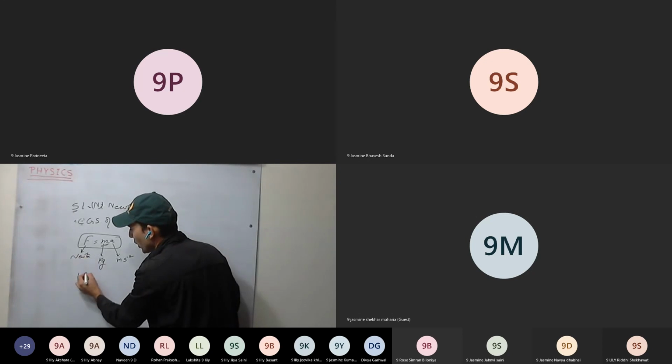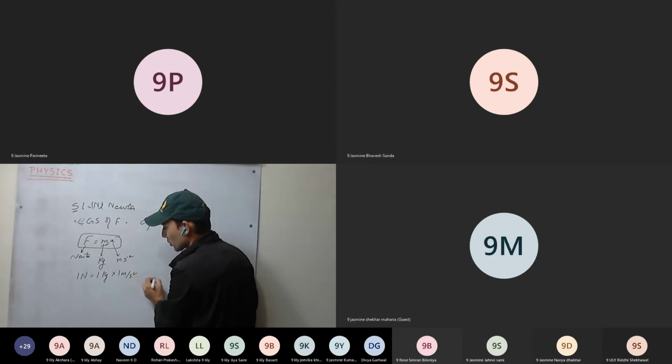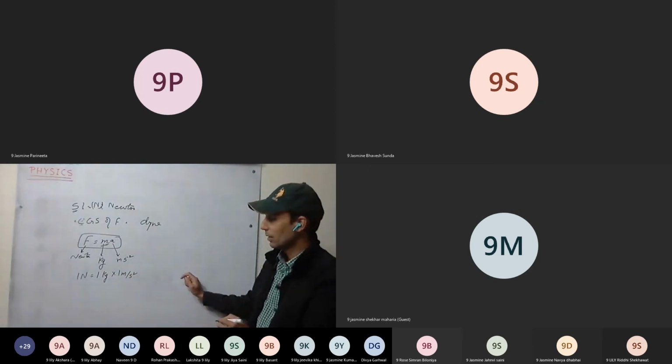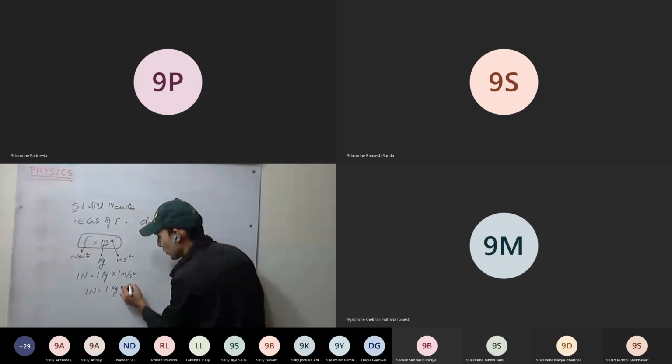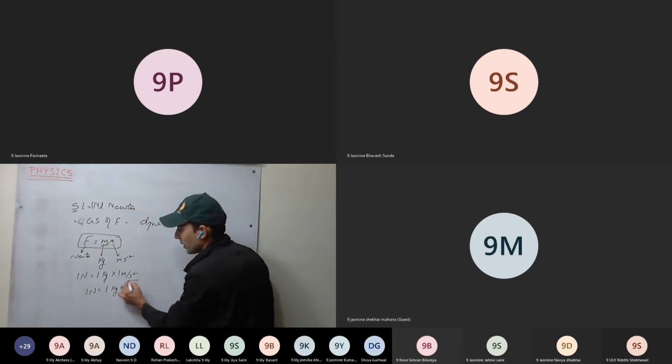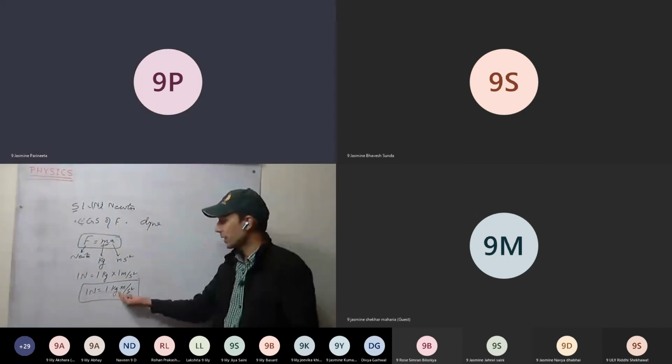How are they related? 1 Newton equal to 1 kg into 1 meter per second square. So 1 Newton is nothing but 1 kg meter per second square. This is clear?